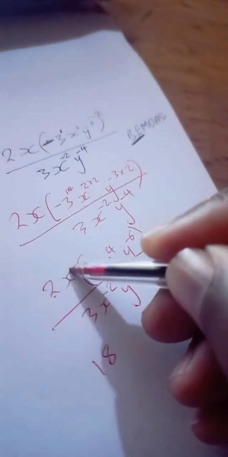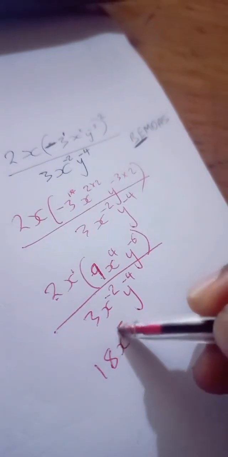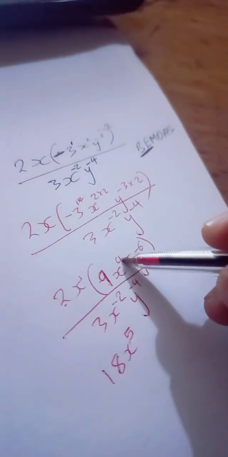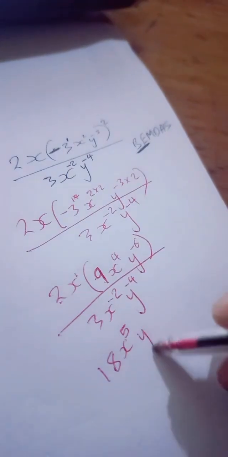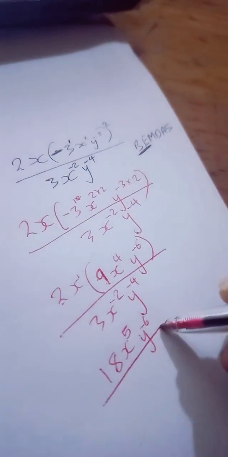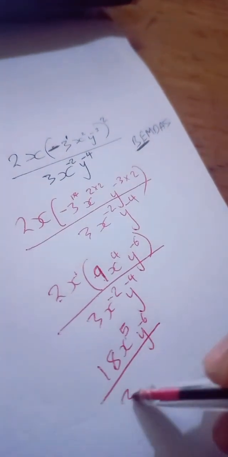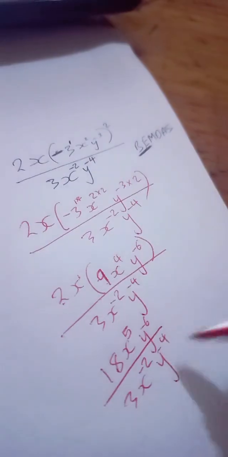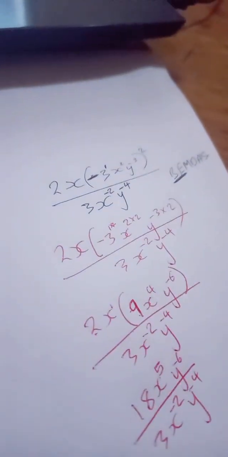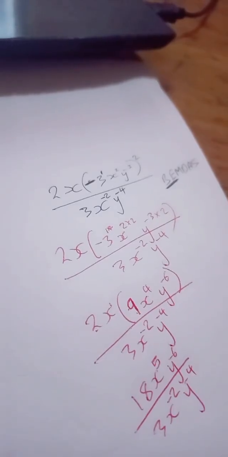And then x to the power 1 times x to the power 4, which is x to the power 5, which is 1 plus 4. From there, y to the power negative 6 all over 3, x to the power negative 2, y to the power negative 4. This is where we are now.